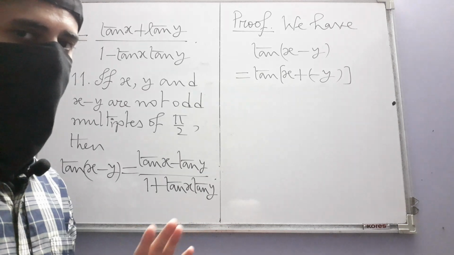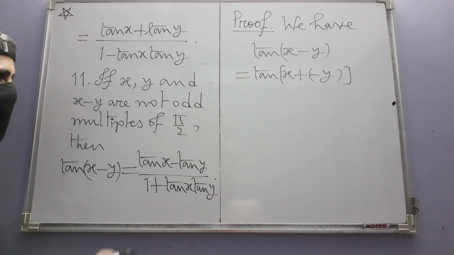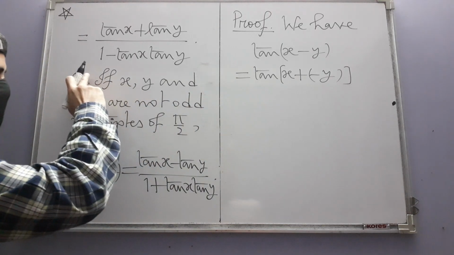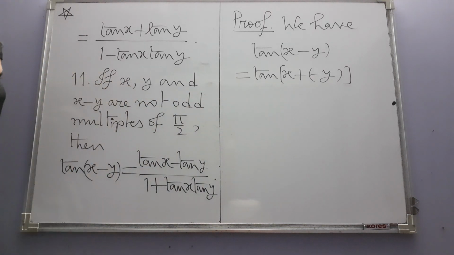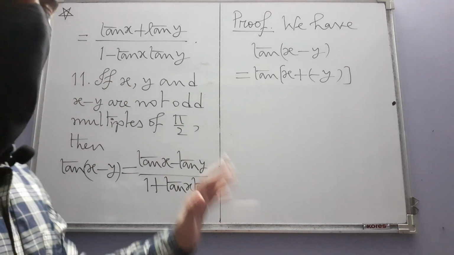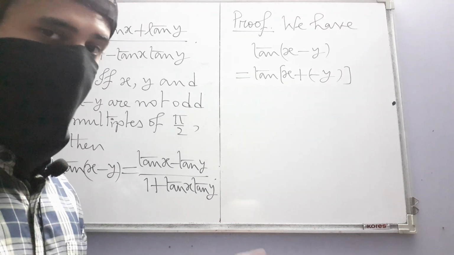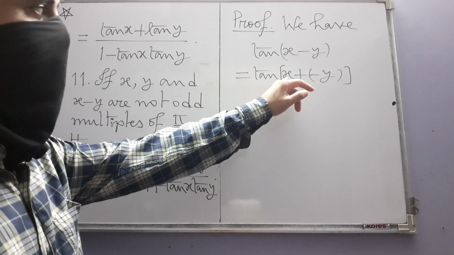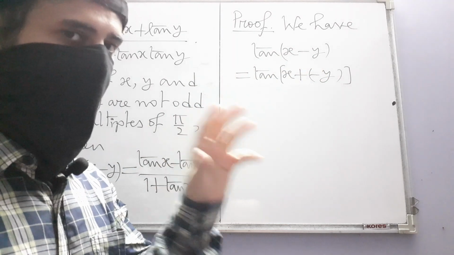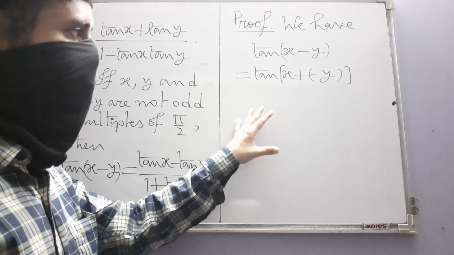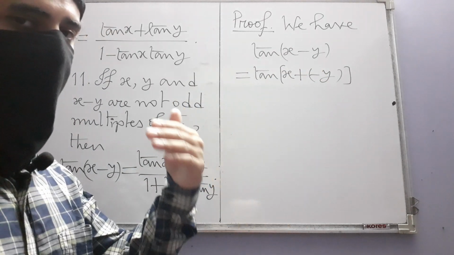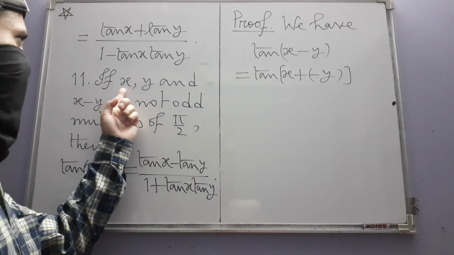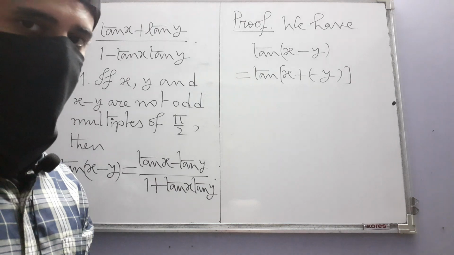That is, all the hypotheses are true. What are we going to write here next? We are going to apply the previous one, that is the 10th one. Do we have all the conditions that the 10th one requires? It requires that none of the angles should be any odd multiple of pi over 2. It is given that x and y are not odd multiples of pi over 2.